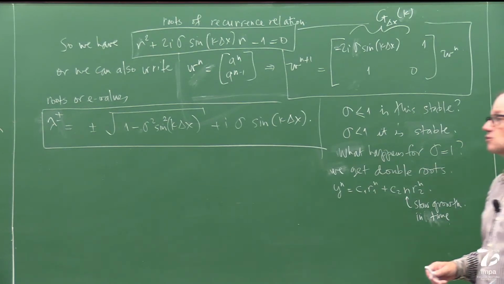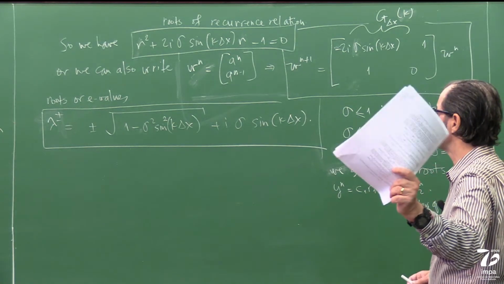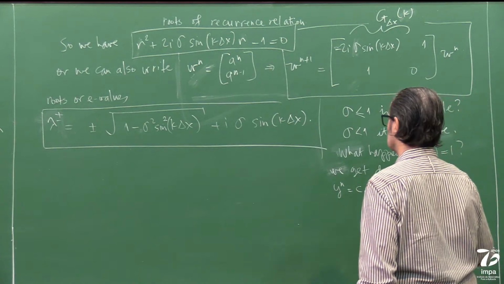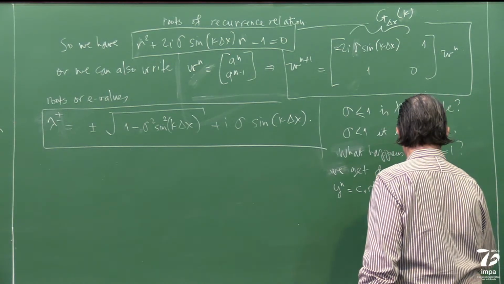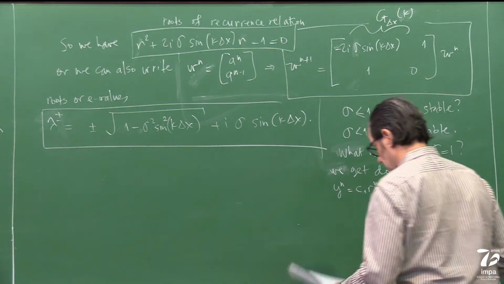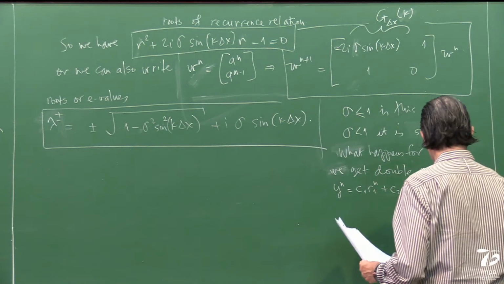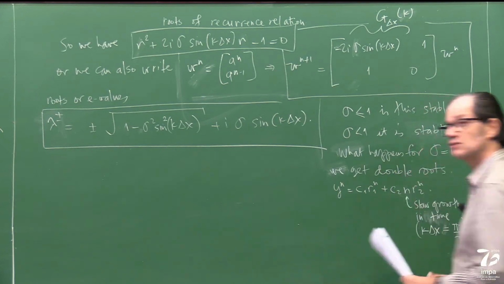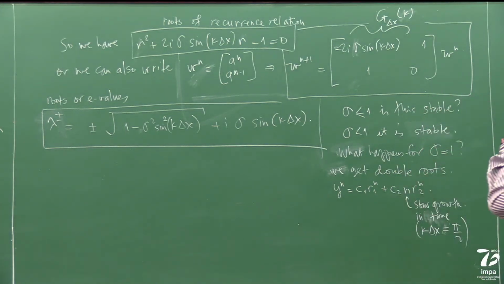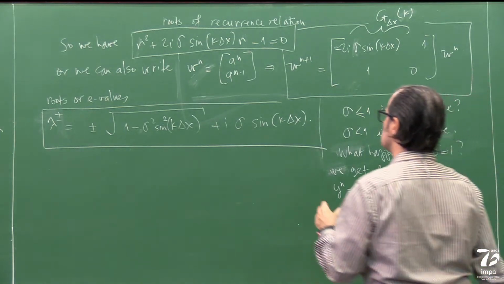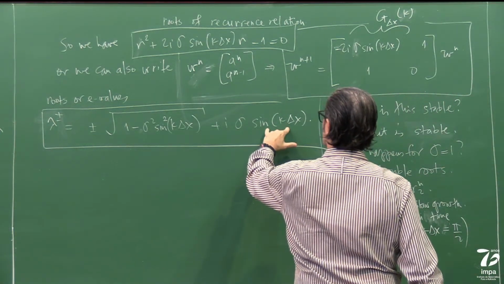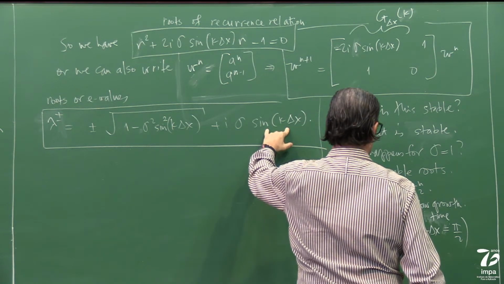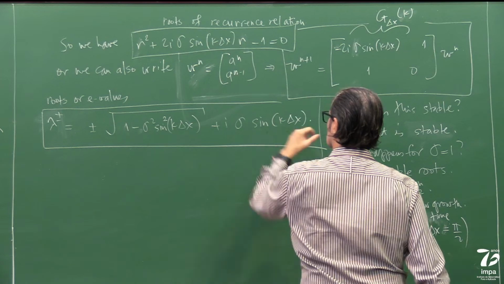And as Lucas said, the double roots happens with kx equal to pi over 2. So it's for a special kx, as Lucas just said, where this is going to be minus 1.